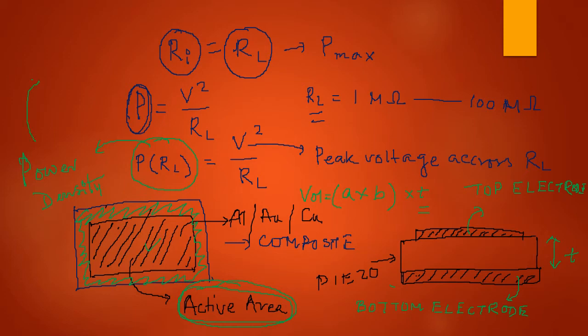Your power density could have the unit of watt per meter cube or watt per meter square. These two densities are used. This is the power per unit volume, and this is the power per unit area.